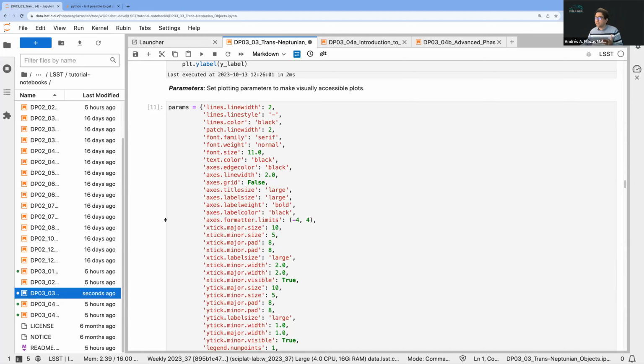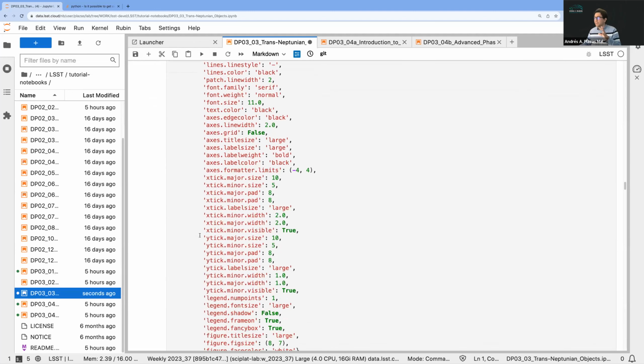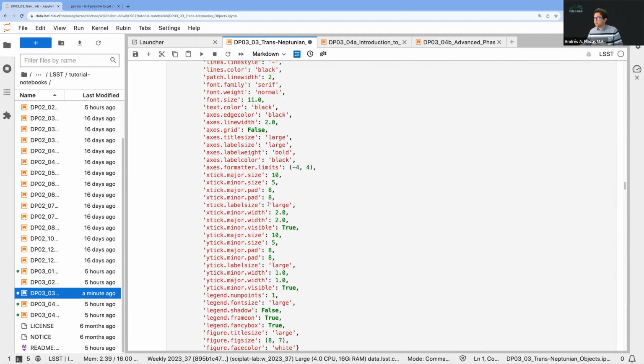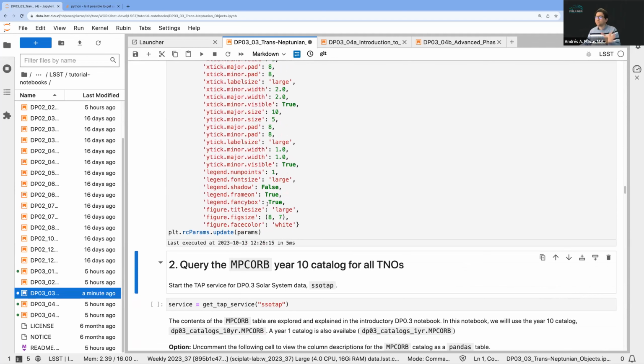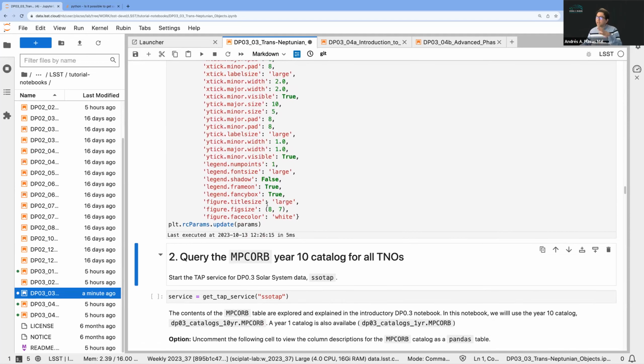Usually in our tutorials, you see that we use a standard palette called something like the Tableau colorblind palette. Here I'm not using that right away because I wanted the plots to look a certain way, but I was trying to make sure to implement the accessibility guidelines that I mentioned.